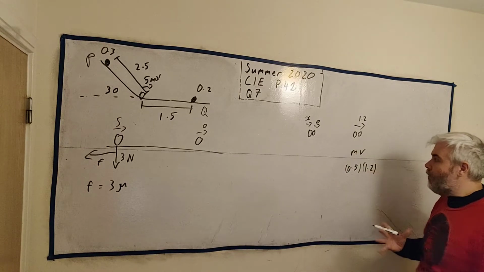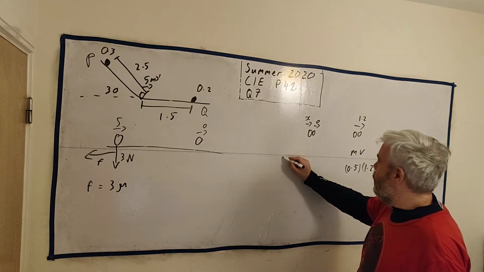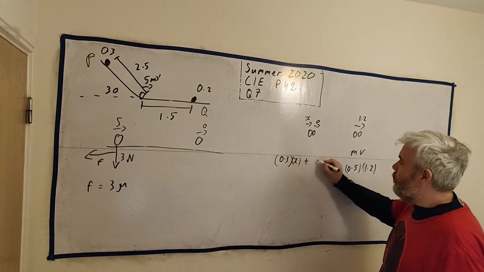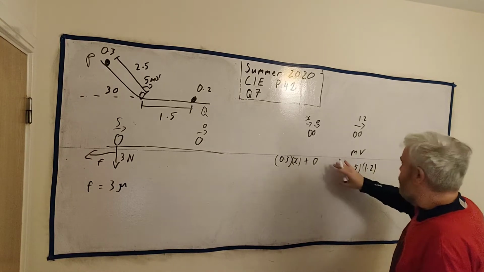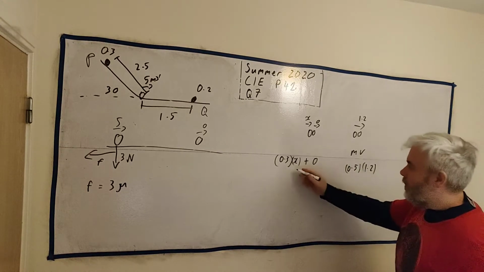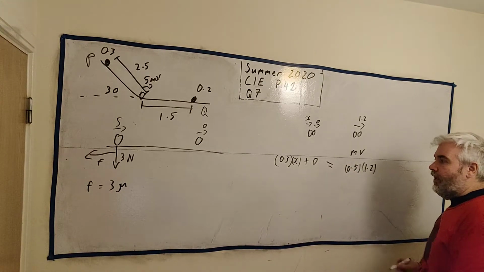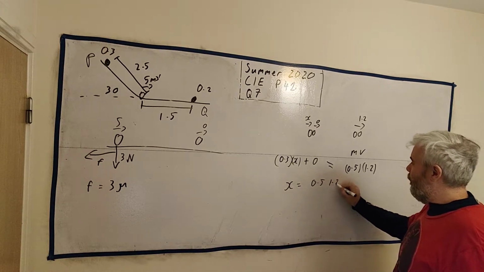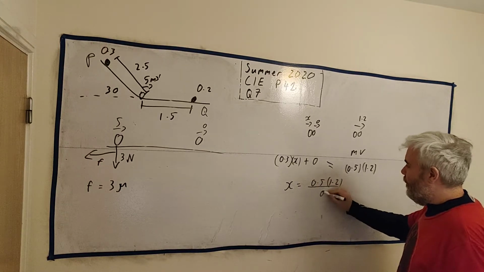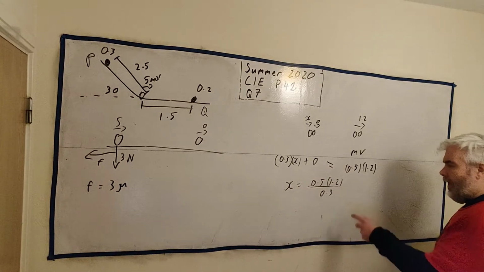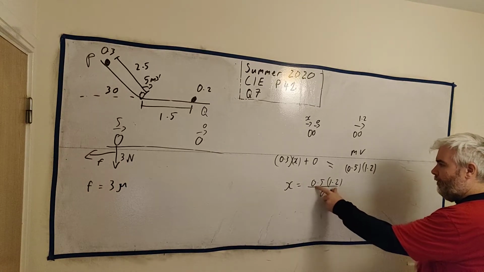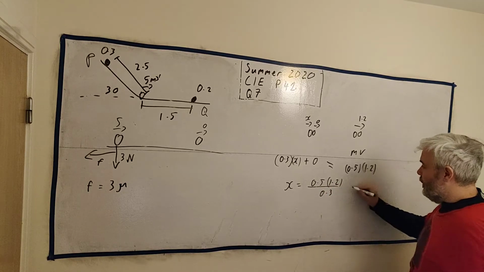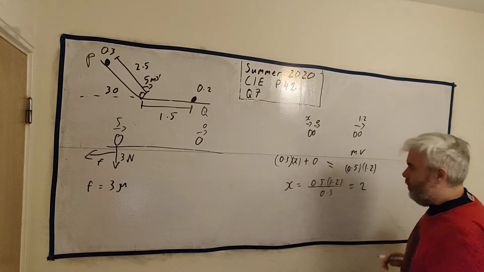So look, we can find out x, because before the collision, we have 0.3 multiplied by x plus 0, and that must equal after the collision. So x is equal to 0.5 multiplied by 1.2 divided by 0.3. We can probably do this in our head. 0.5 times 1.2 is 0.6. 0.3 goes into 0.6 2 times. Do it on a calculator if you're not too sure.